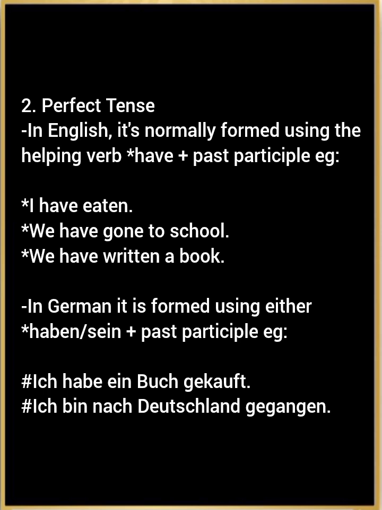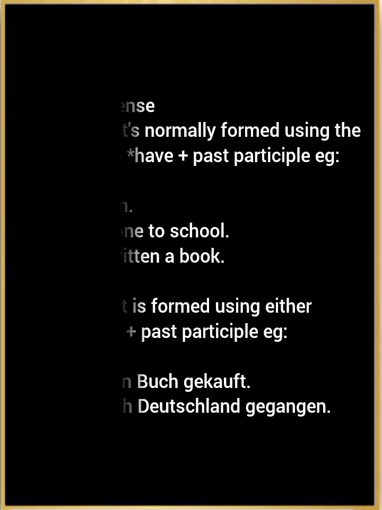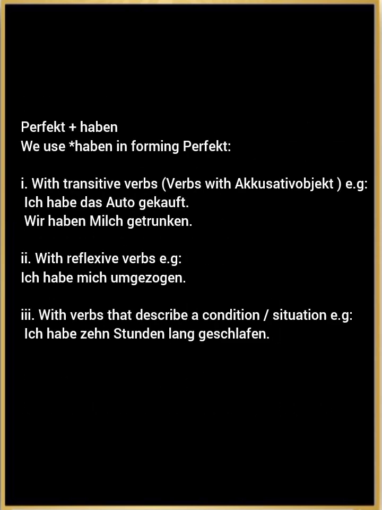Let's go ahead then. So we begin with the perfect plus haben. We use haben in forming the perfect, number one, with transitive verbs, that is, verbs with accusative objects. So you'll be using haben for those verbs that go with accusative.